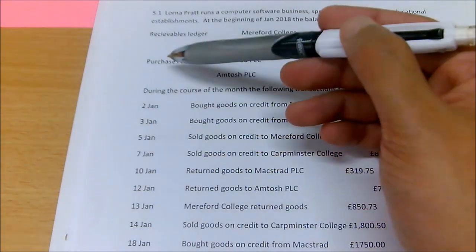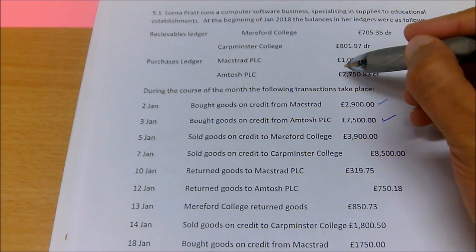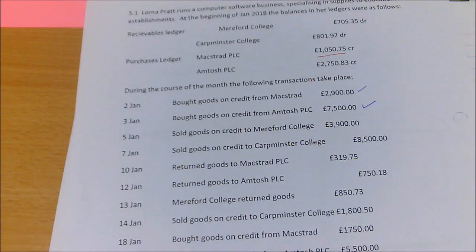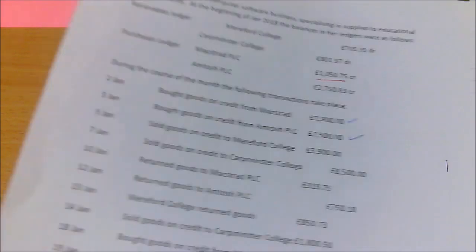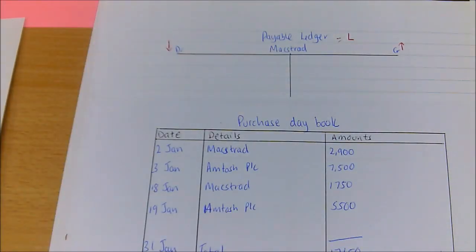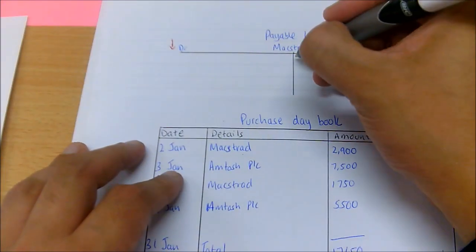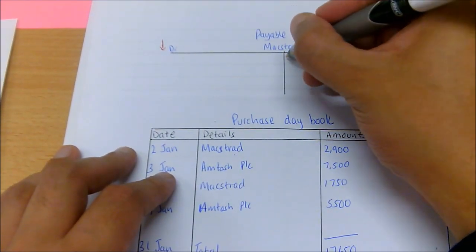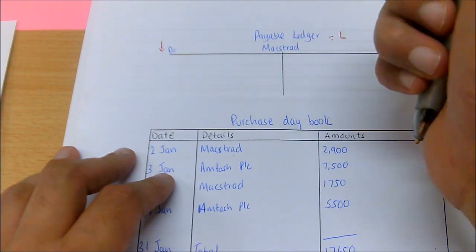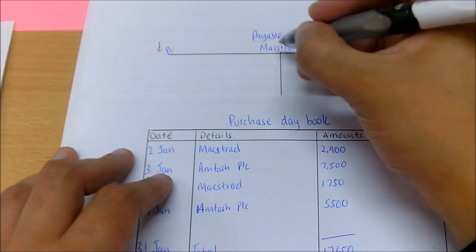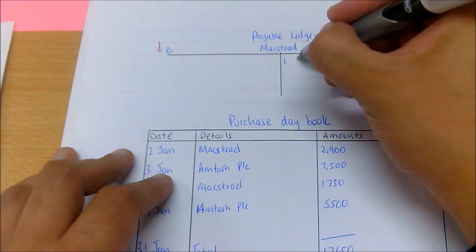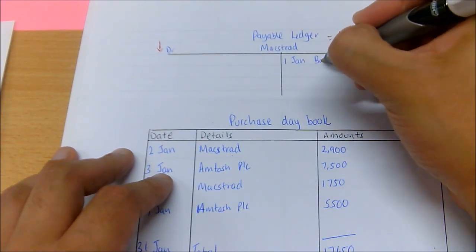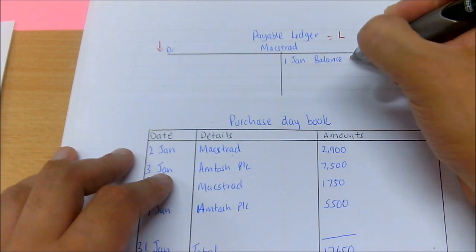Okay, so in the payable ledger you have a balance of £1,050.70. So let's put that balance here, and again I'm going to put this on this side here. So I'm going to put the date, which is the 1st of Jan, and this is called the balance brought down.